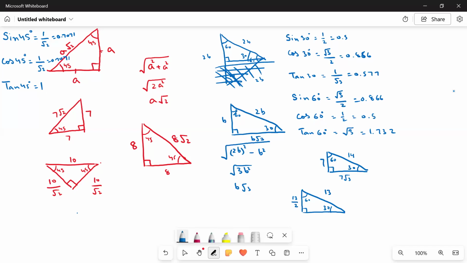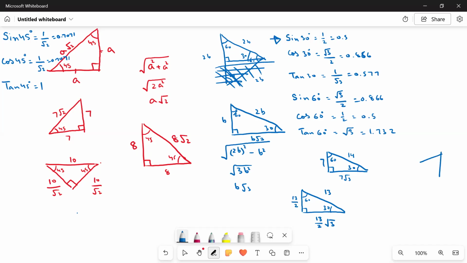We know that sine of 30 degrees is 1 by 2. That ratio tells me that the opposite and hypotenuse have a ratio of 1 to 2. So this is 13, this must be half of it. And if you know this opposite side, now we can find this one. How? It is just root 3 times more. So 13 over 2 times root 3 will give me the adjacent side. Easy, interesting.